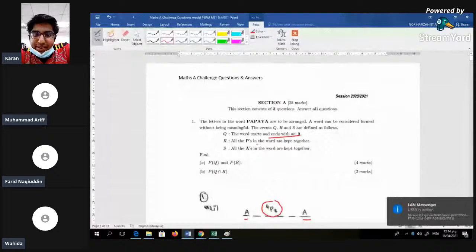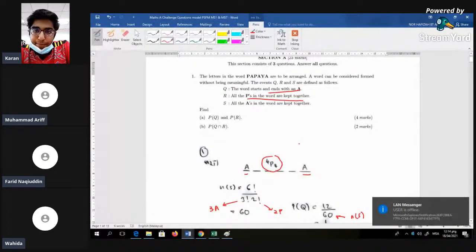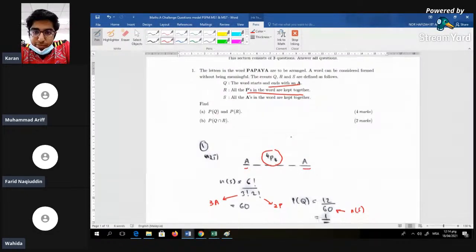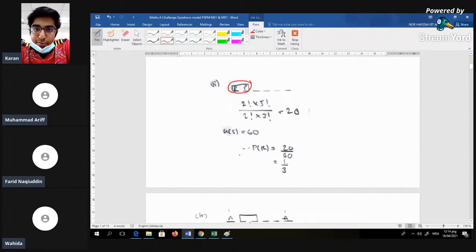And so to have all P's in the word kept together, first of all, I again put my columns, 6 columns for 6 letters, and then I put both P's together one by one. And so now when these P's are kept together, you are effectively going to move these P's around as one block. So which is why you'll notice I drew a circle around it. So now these two P's, within itself, can be rearranged.